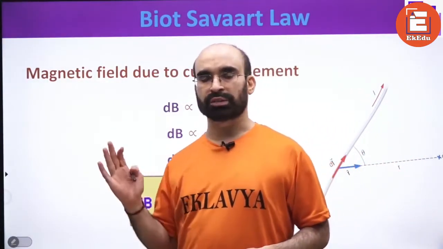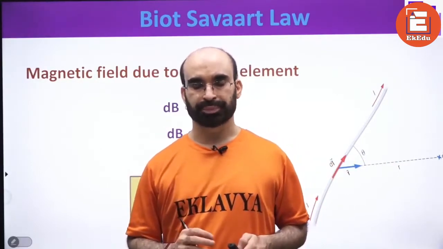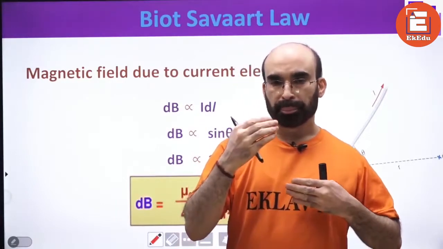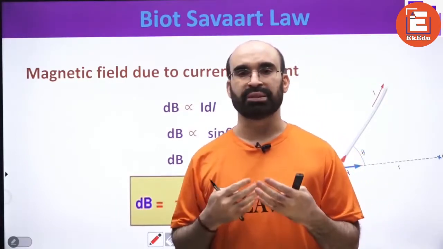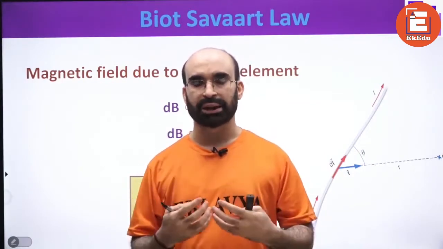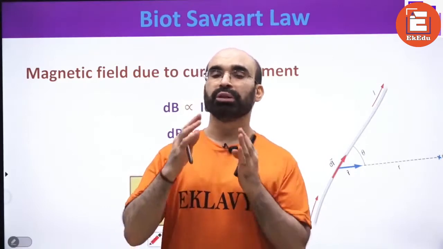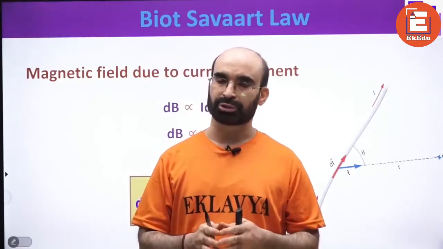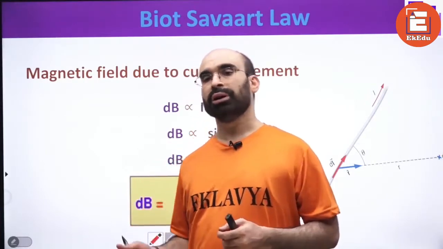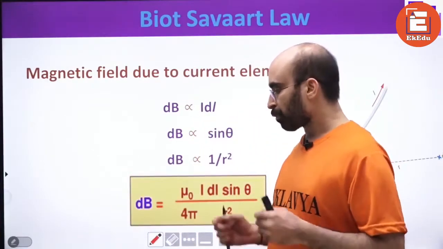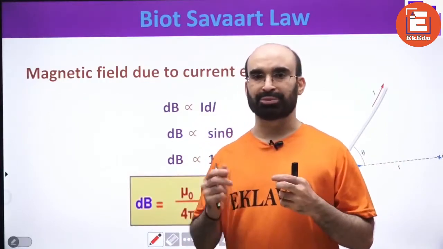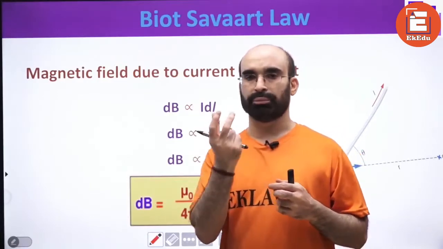From here onwards, this chapter actually starts. We got to know what is magnetic field. We now have the basic idea of magnetic field. Now we will figure out what is the direction and magnitude of magnetic field around a current carrying wire. From here onwards, we need to be very careful because we need to think in terms of 3D.